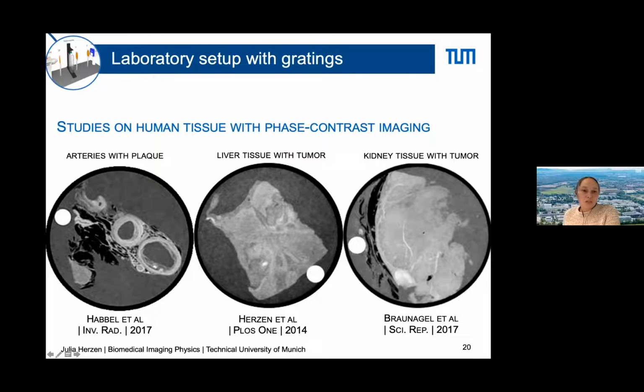What we did is we scanned arteries with plaque and quantified and classified the plaque, looking for dangerous plaque, which is the soft plaque containing different lipids. We looked at different liver tumors, and also kidney tissue with tumor, and published that. This is a huge field of view compared to what you can get at the synchrotron, about 3.5 centimeters.